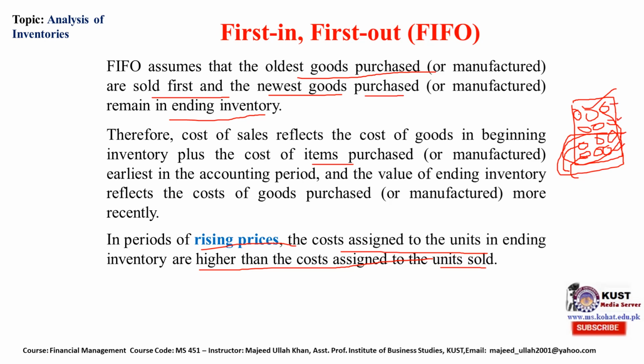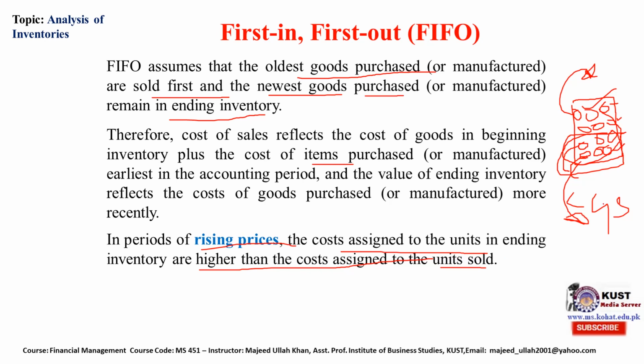So the goods which remain in ending inventory will carry a high cost, while the goods which go to cost of goods sold, these 6, will carry a lower cost. So in rising prices, the cost assigned to unit in ending inventory is higher than the cost assigned to the unit sold.